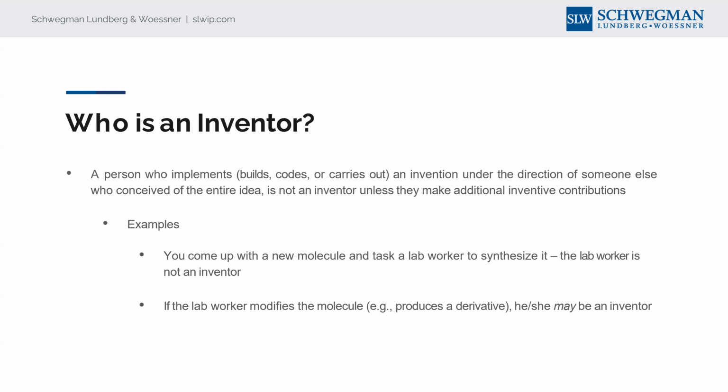It can happen sometimes in grad school that you're a graduate student working on the bench, and your PI or postdoc comes to you with a synthetic scheme to create a molecule that they are targeting. And you follow the synthetic scheme step by step, make the molecule, and that molecule is the subject of the patent. Then the university files the patent application and you're not named as an inventor. You might feel a little left out.